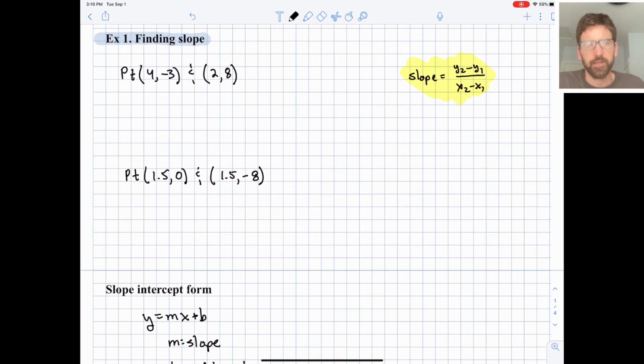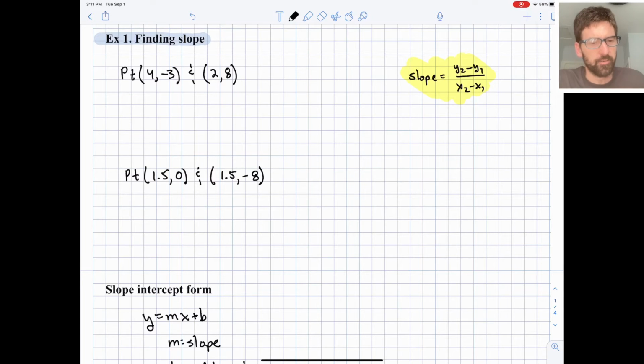So just be careful. Let's subtract the y's first. I hope you see again that this is y2 minus y1. Is this x1, y1 and x2, y2? Or vice versa? It doesn't matter as long as we're being consistent. I honestly just go left to right.